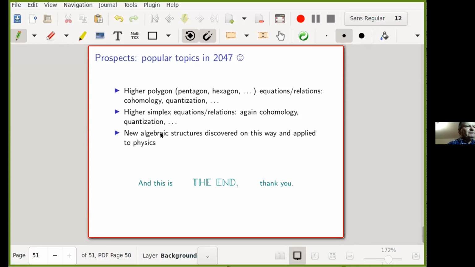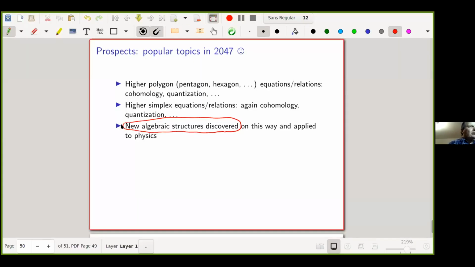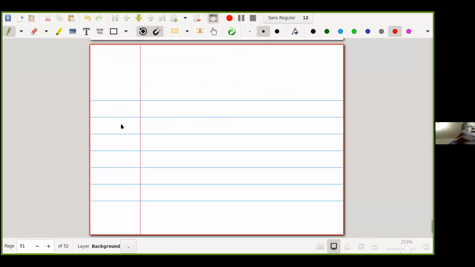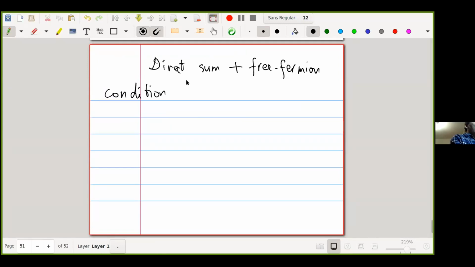Thank you for this question. Okay, direct sum, direct sum plus free-fermion condition gives you, no, sorry, I will correct this.